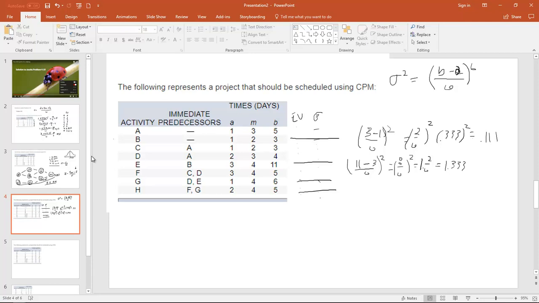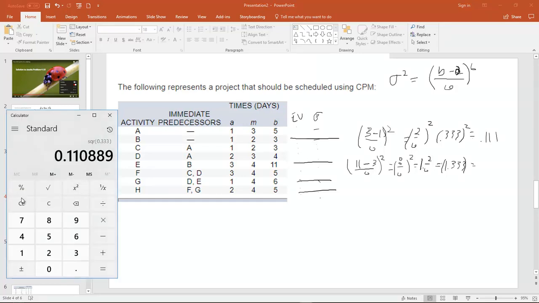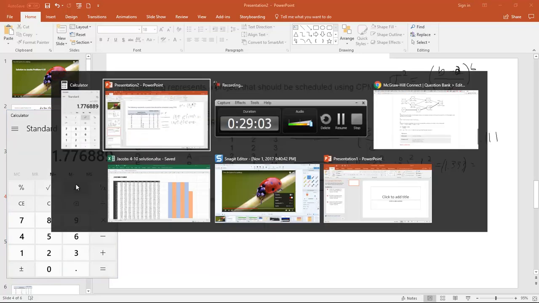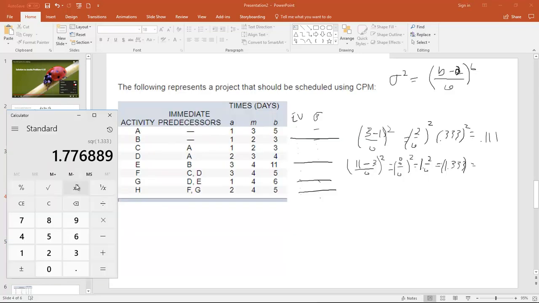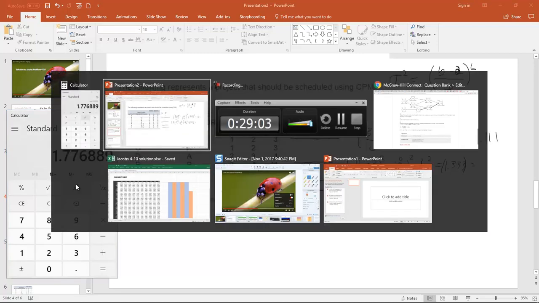So 1.333. Okay, a third is 0.333. So we have to square that. 1.777.